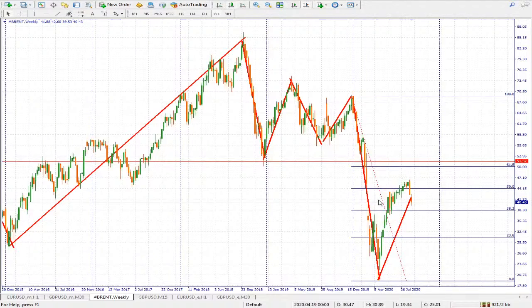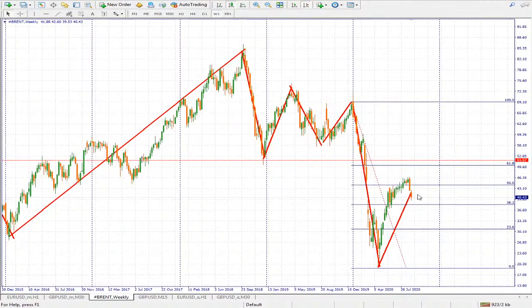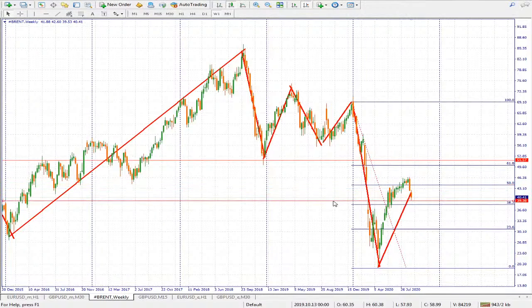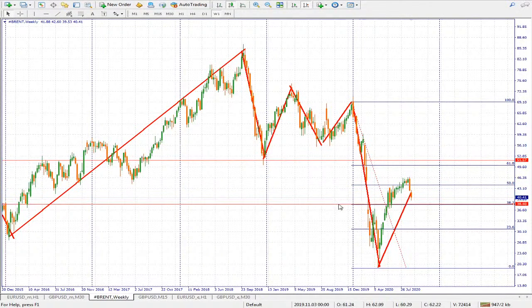If you look at the Brent oil now, keep looking for sell orders. Expect price to break below the 38.2% fib level, and that should be below this level, 44.30. We are already below 44.30. The next level is 38.40.